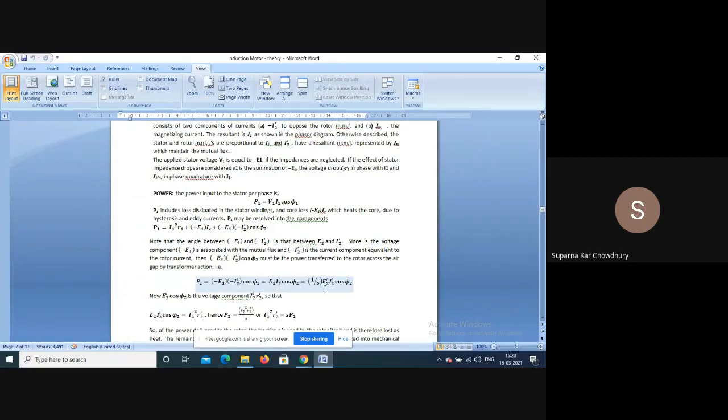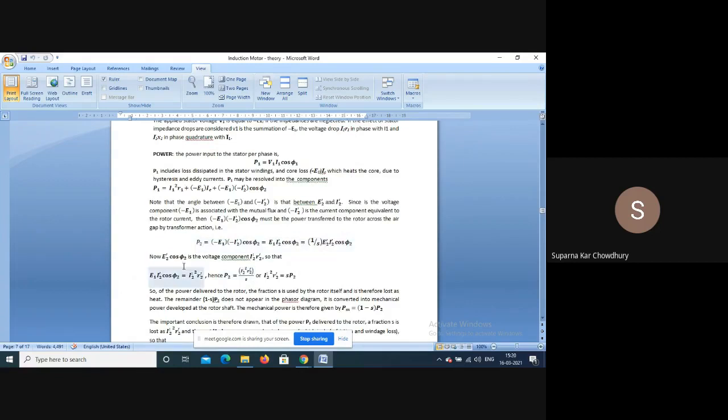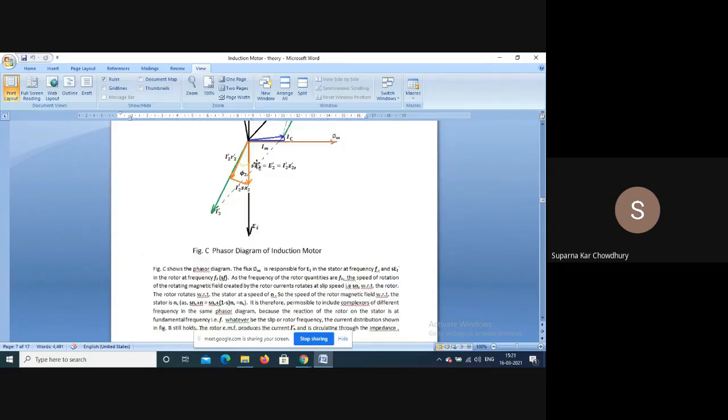Now E1, as we have seen earlier, is 1 by S E2 dash. So your E2 dash cos phi 2 into I2 dash is equal to I2 dash square R2 dash, because from the phasor you can see that E2 dash cos phi 2 is this component, I2 dash R2 dash.